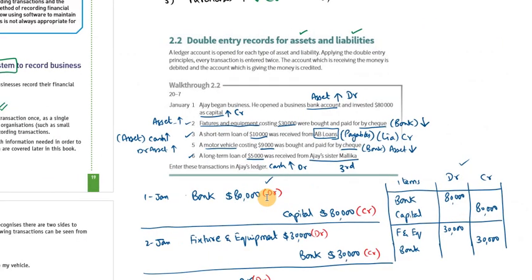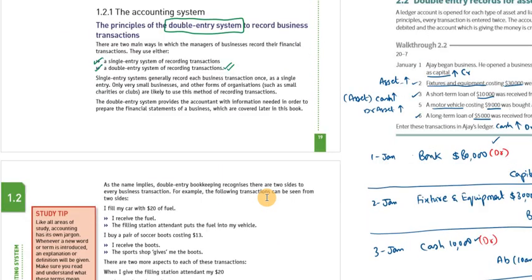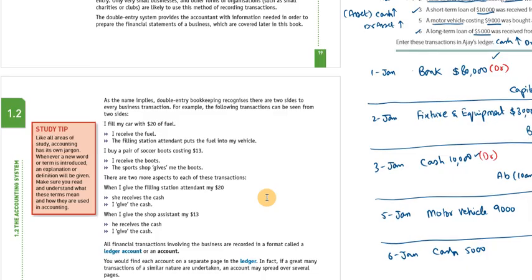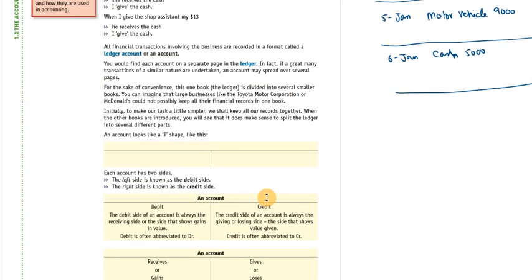So the next thing you have to learn is the ledgers. All financial transactions involving the business are recorded in a format called a ledger or an account. After the double entry system, I will record all double entries into some format.